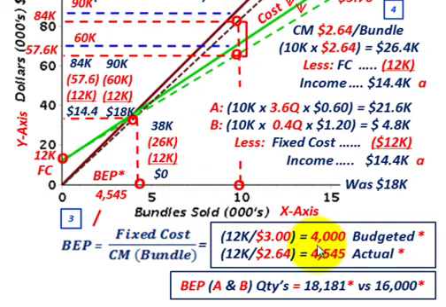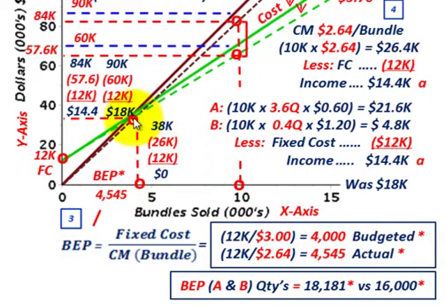So actual, we have to move up because of that change in our sales mix and those contributions per bundle. We're having to increase our break-even point from 4,000 to 4,500, and at the same time it increased the quantities that we're going to have to sell for both A and B. Okay, so that's our break-even point.